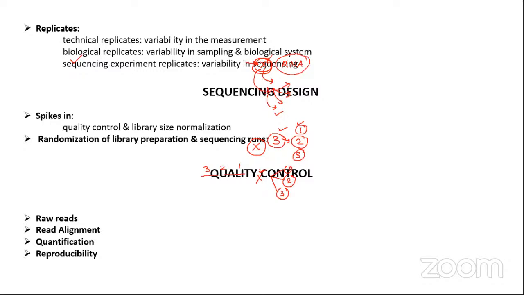Another way: I have one sample, I extract RNA from it, and then I can divide this RNA into different portions and prepare the library. Ideally, we have to go for this kind of replicates to avoid these errors.